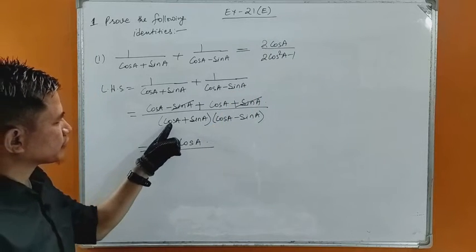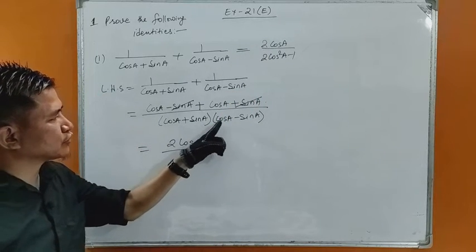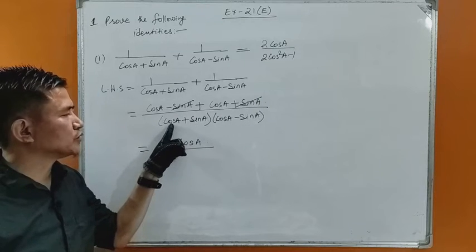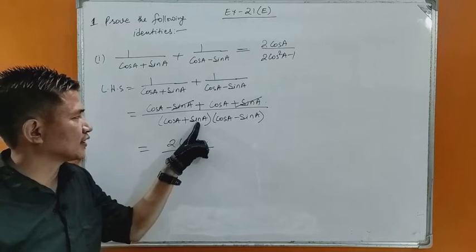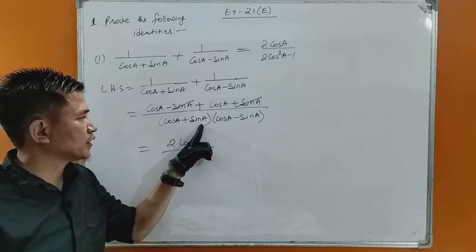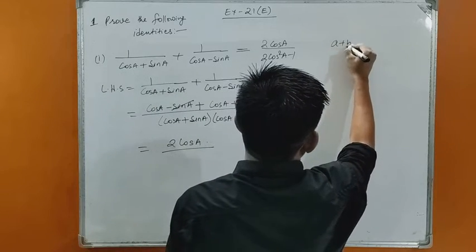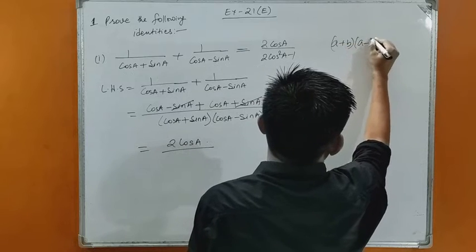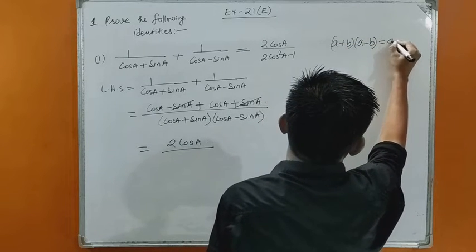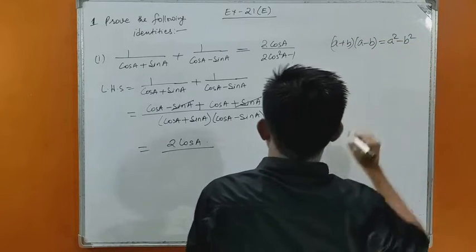In the denominator we have A plus B into A minus B, okay? We assume this cos A as A and sin A as B. A plus B into A minus B means we know the formula: A square minus B square.